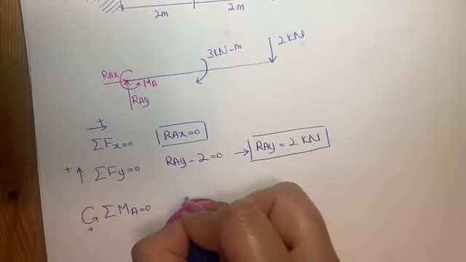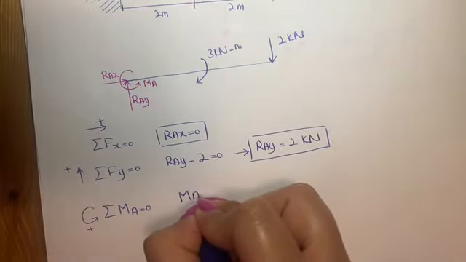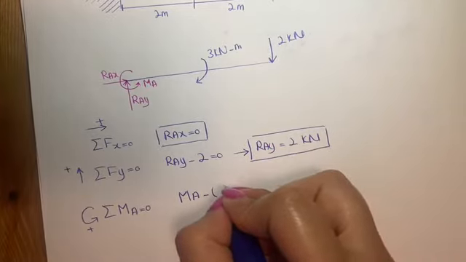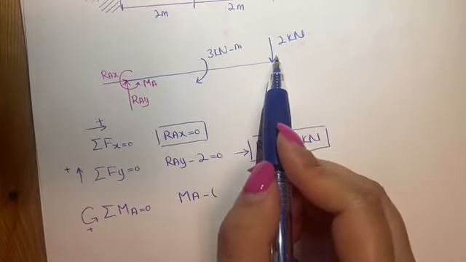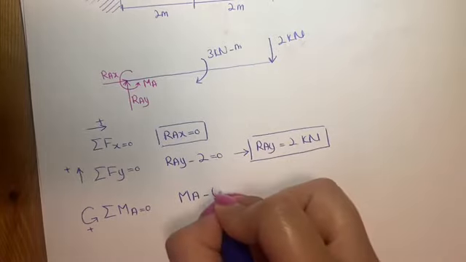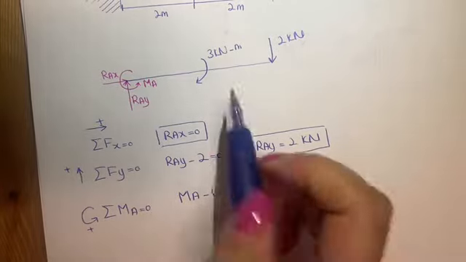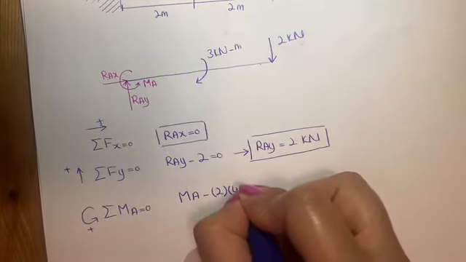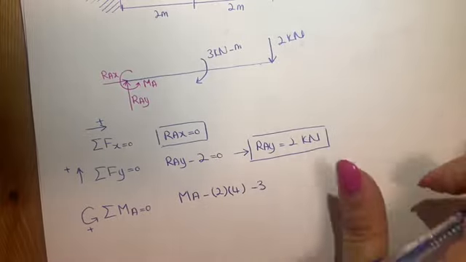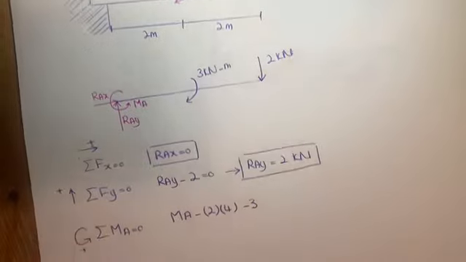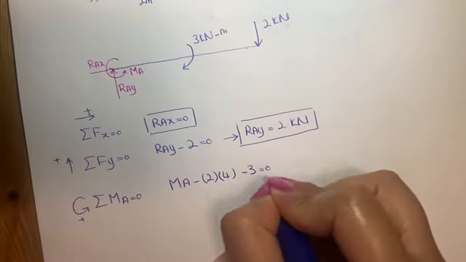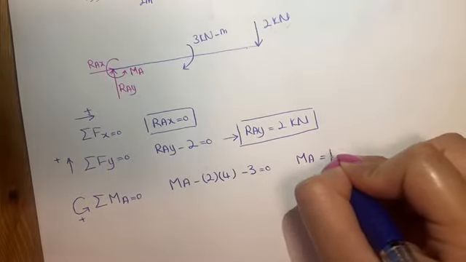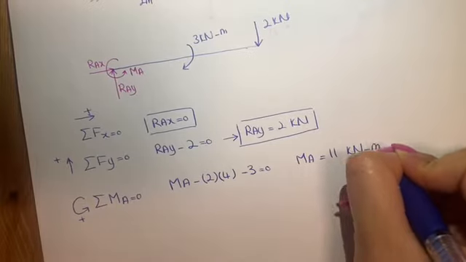So this gives us MA minus the moment created by this force at this point, 2 times this distance, which is 4, minus the concentrated moment here equals to 0, and this one gives us MA equals to 11 kilonewton meters.